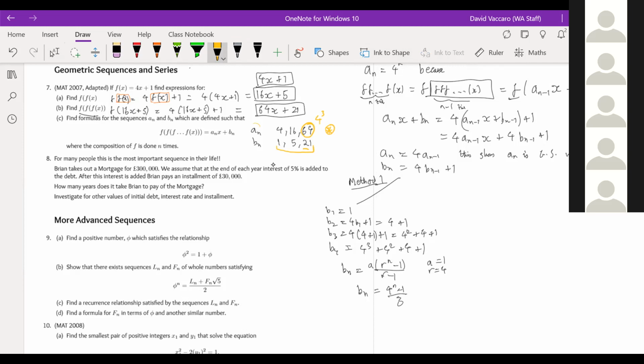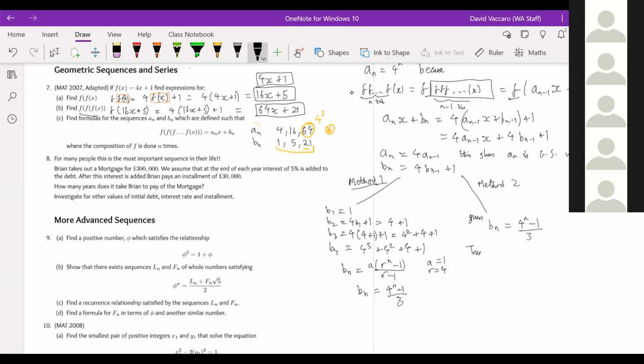And this points to a second method. Now, in the chat earlier, no one spotted that formula for bn. But maybe if people are on their own or staring at it longer, you might guess that formula. So method 2 would be to guess bn equals 4 to the power n minus 1 over 3.